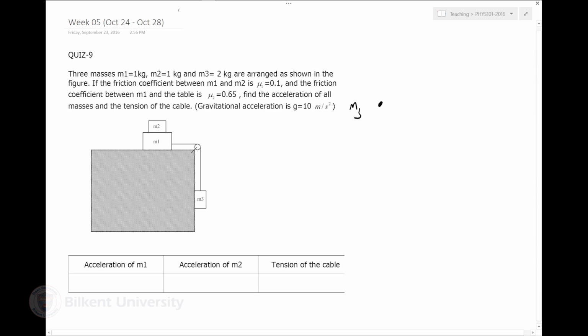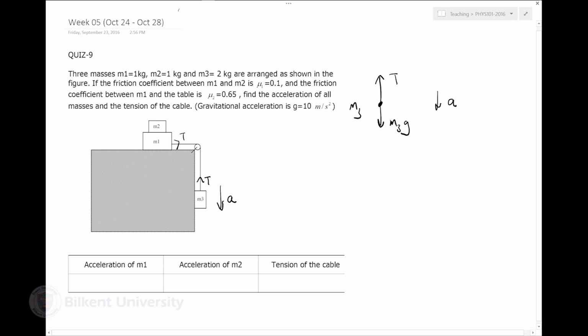What are the forces on M3? There is always M3G, and then there is the tension in the rope, right? And let's say that M3 goes down with acceleration A, okay?